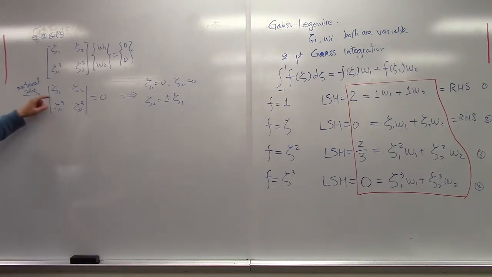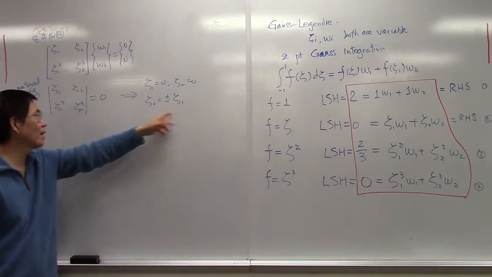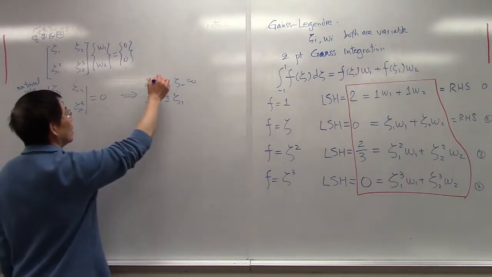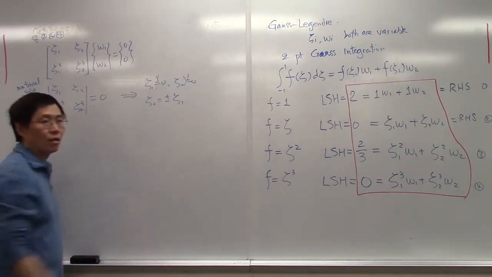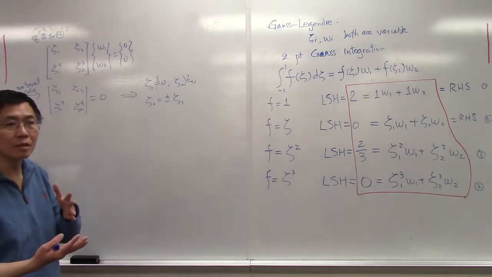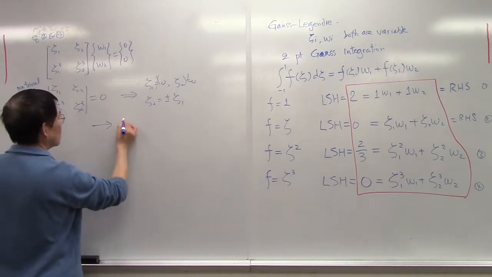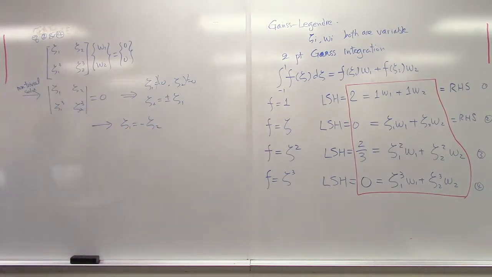Because obviously when theta 1 is 0, this column is 0, the whole thing is 0. When this is 0, the whole thing is 0. Or when you satisfy that, that's also 0. This is not useful for us. And this one, we want theta 1 and theta 2 to be different points. So we will select theta 1 equals negative theta 2. Okay?